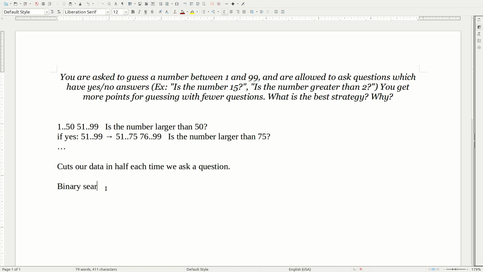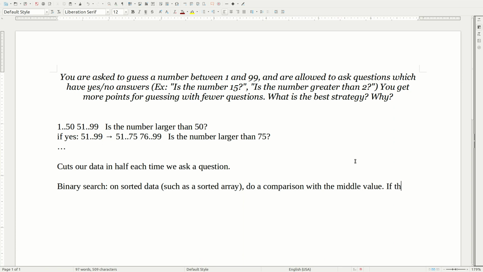So binary search is on a sorted list or sorted set of data, such as an array. We do a comparison with the middle value, so the item at the middle index in the array, for instance.